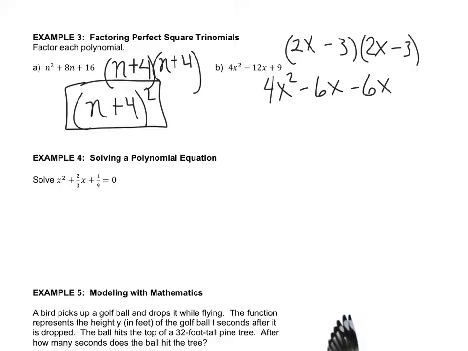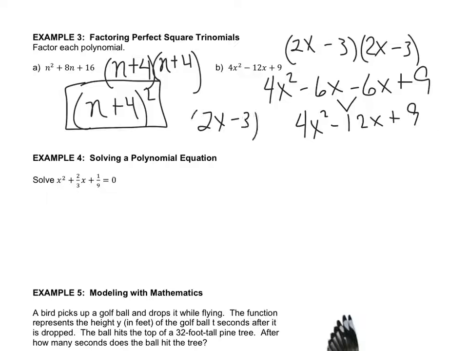And then the last one is negative 3 times negative 3, which is a plus 9. Now again, in the difference of squares, those two canceled out. In this case, they're not going to cancel out. They're actually going to give me that middle negative 12x that I was looking for. So that helps me verify that it is the correct answer. However, we would want to simplify it to get 2x minus 3 squared to be the final answer.